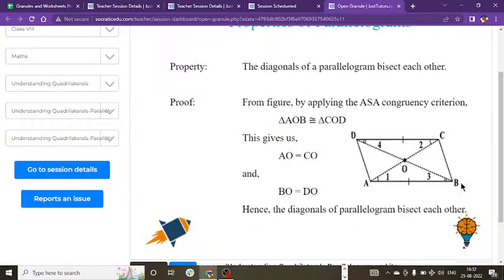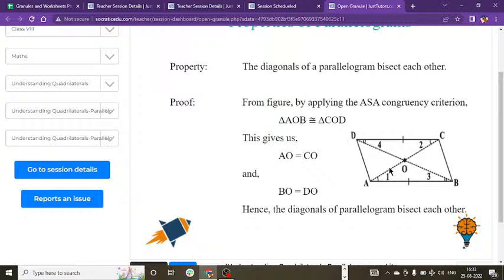You can just look at the figure ABCD. From the figure, by applying the ASA congruency criteria, angle side angle, you can see this angle is equal to this, and as we know, this side is also equal to this side and this angle is also equal to this.